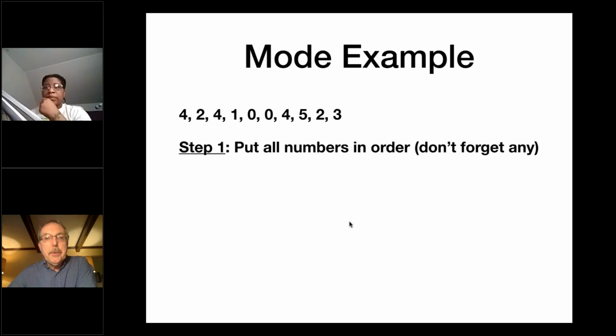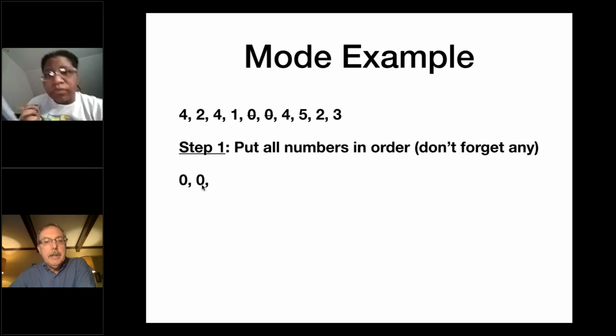Okay. So with this example, I didn't put the words for the example. I just put the numbers that we got up here. First of all, we want to put all of the numbers in order, and we have to include them all. We don't want to forget any of them. So you notice that there's a couple of zeros, and a good way to do it is write them down and then cross them out as you go through them.